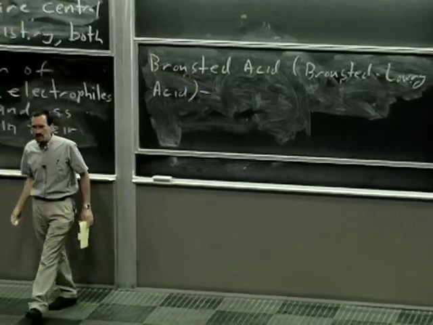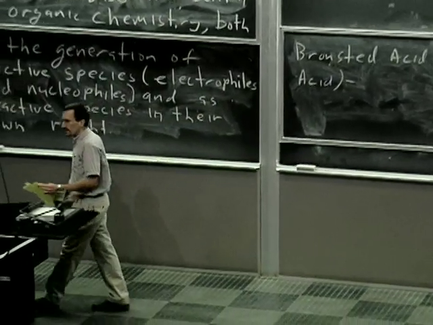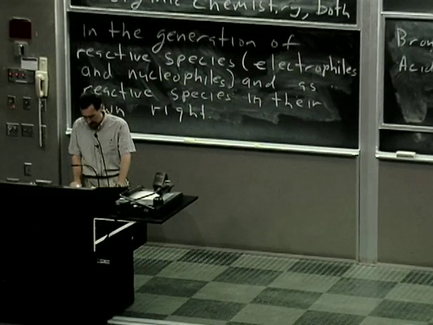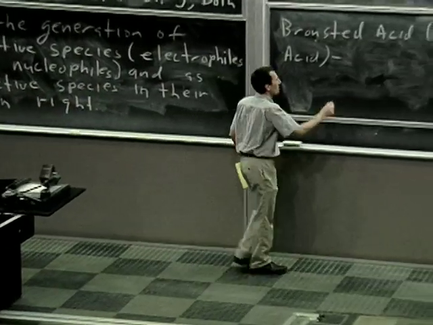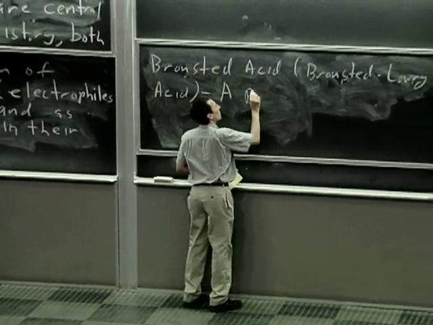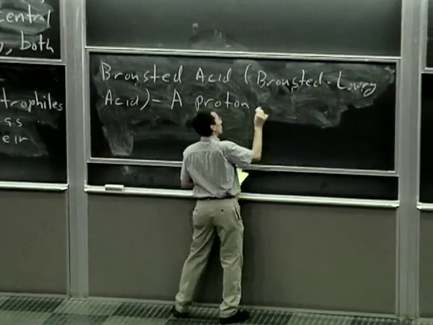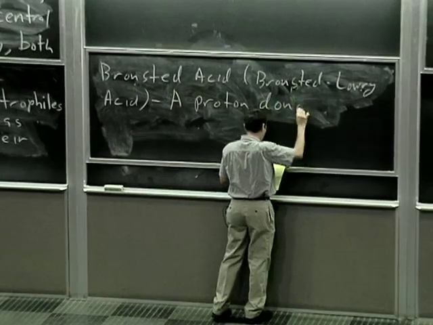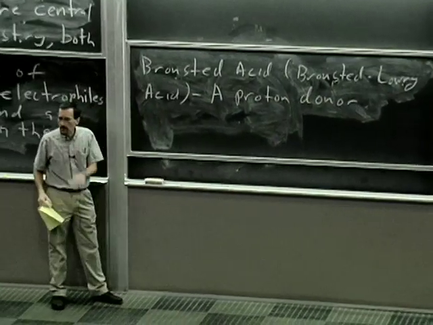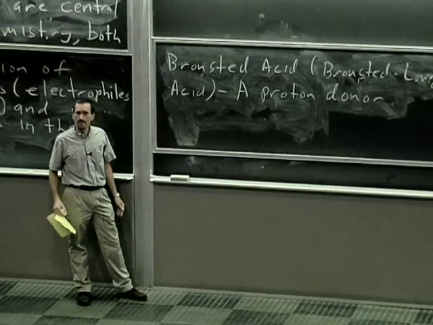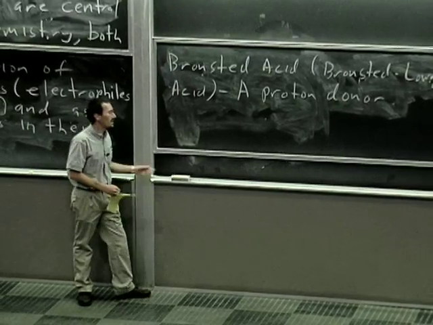The definition of a Bronsted acid is very simple and intuitive. A Bronsted acid is a proton donor. And conversely, a Bronsted base is a proton acceptor.